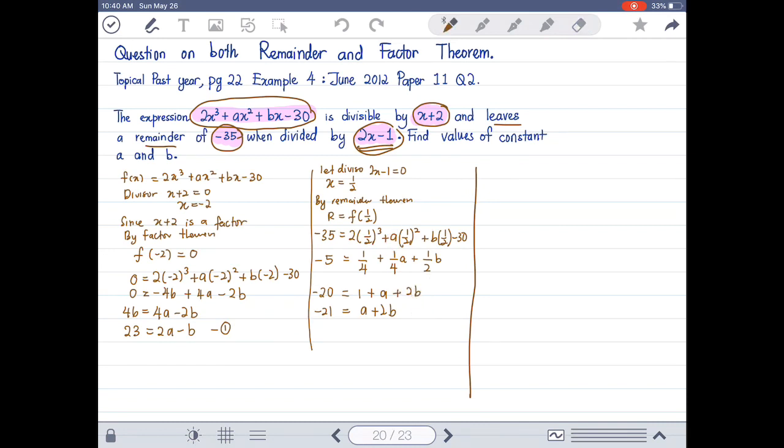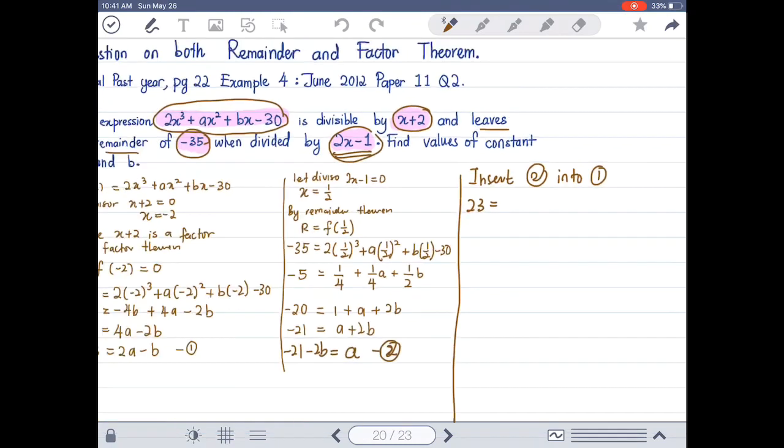Since I have a plus 2b equals to negative 21, hence I let a is just equals to negative 21 minus 2b as equation number 2. So I'm doing substitution, so insert 2 into 1.